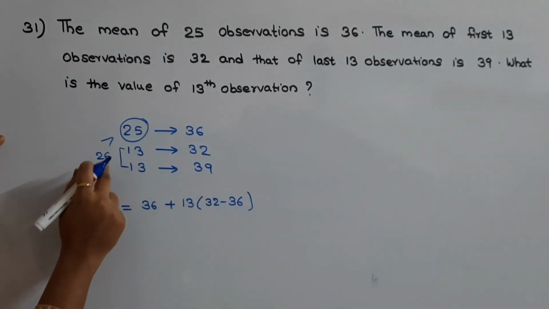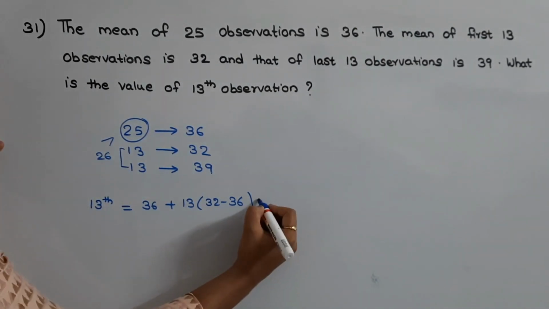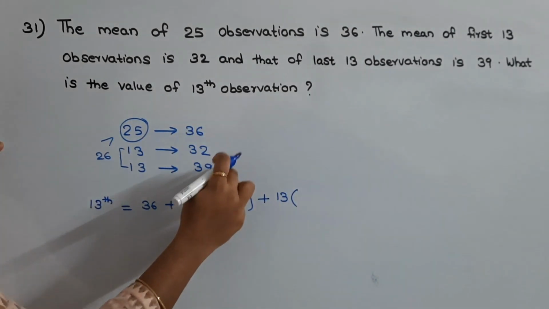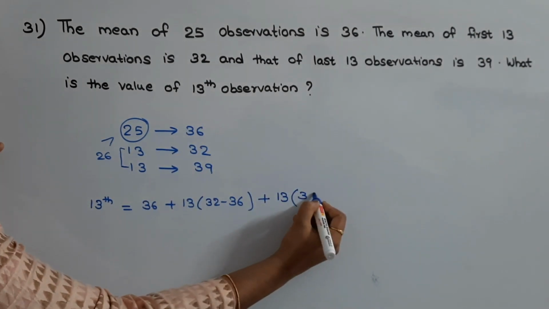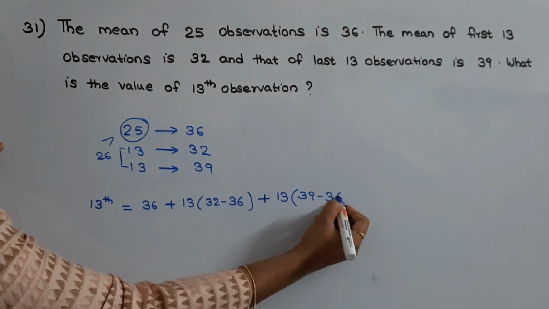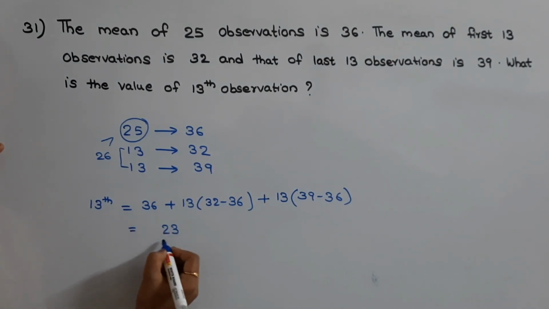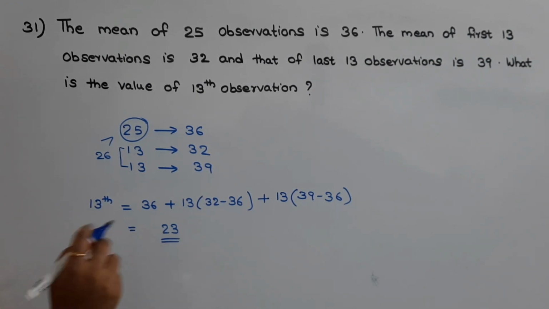Since 26 is greater than 25, we need to do 32 minus 36 plus multiply this 13 by the difference between these two averages, that is 39 minus 36. Now on solving this, we will get the answer as 23. So the value of the 13th observation will be 23.